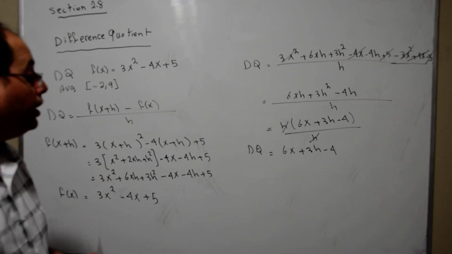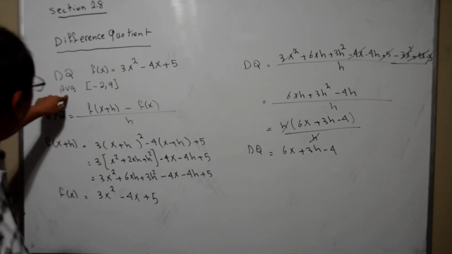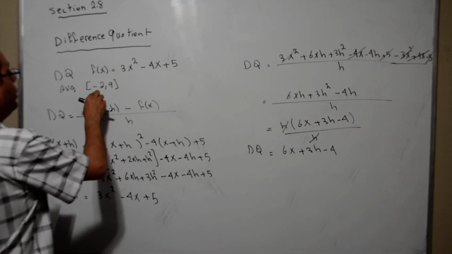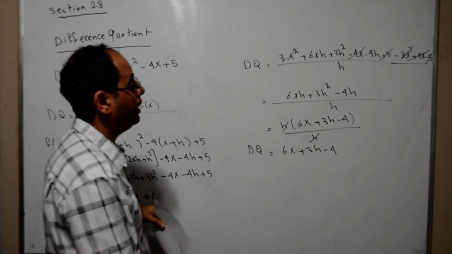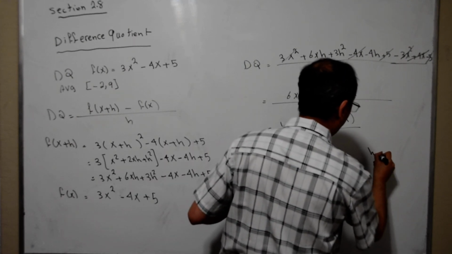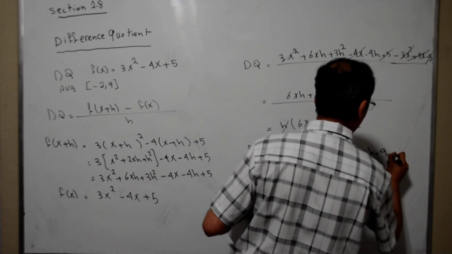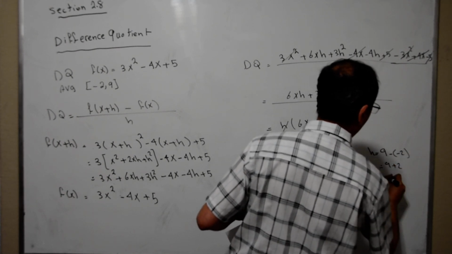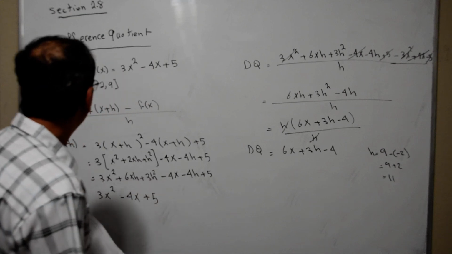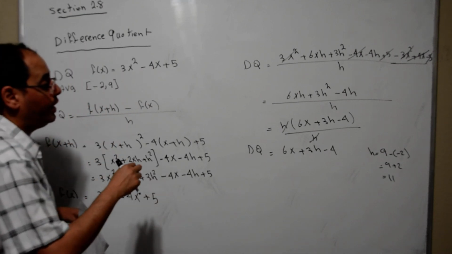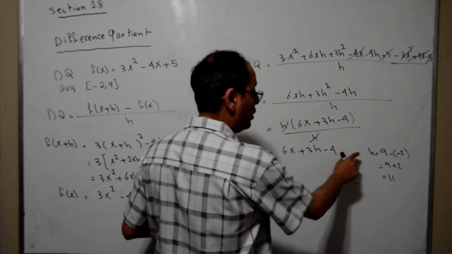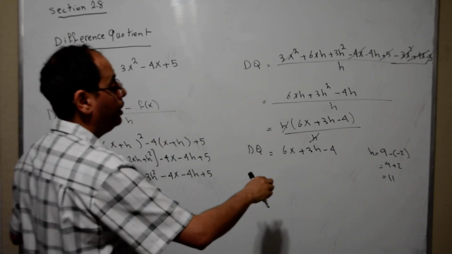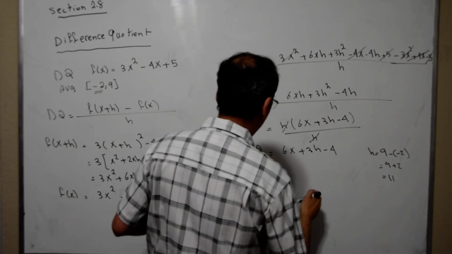Okay? Now, the second one is to get the average. So I know that the average is from -2 to 9, and again I am computing h, so h here is 9 minus -2, which is 9 plus 2, 11. So I got h, and now I plug x is -2. So x is -2 and h is 11.